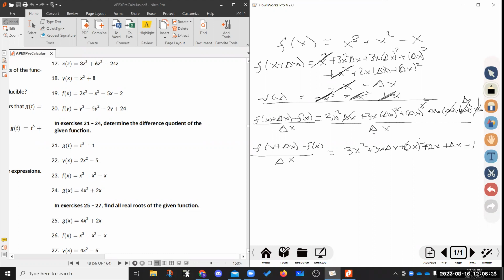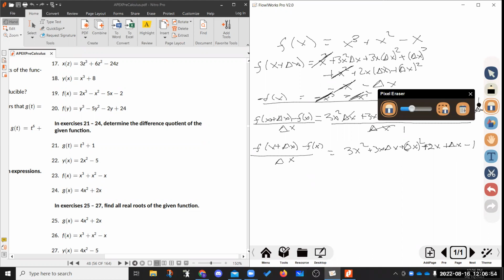So that's it. Looks gross. That's okay. So this is going to be dependent both on x and delta x, just like some of the other problems that we did in the last section.